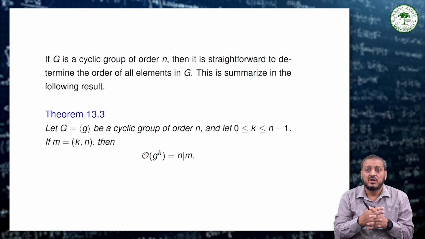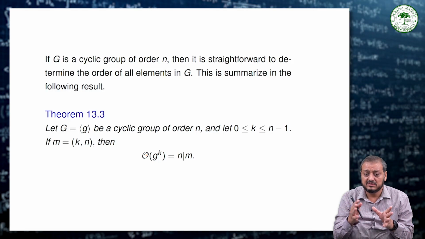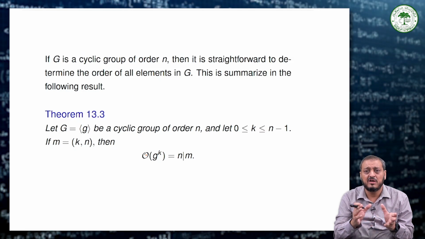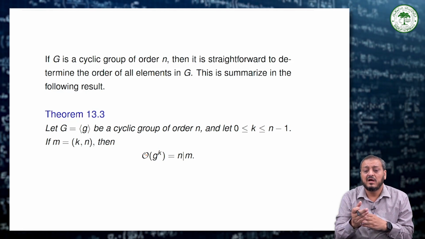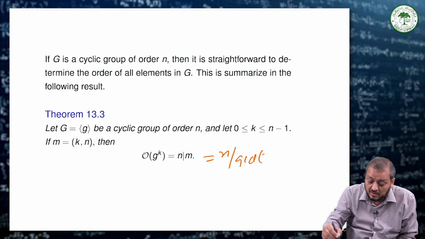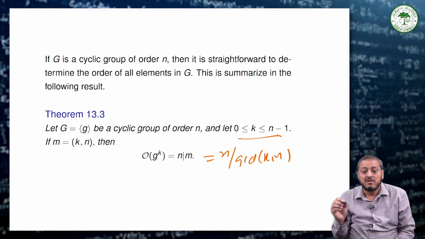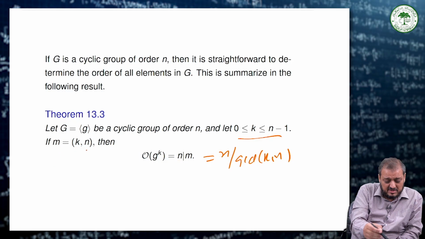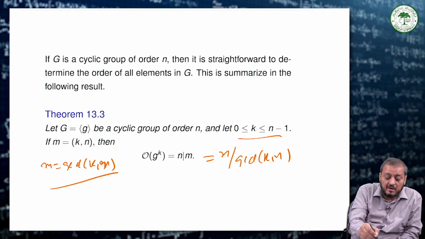Let G be equal to the generator of g, a cyclic group of order n, and let k be an integer, and let m be equal to the GCD of k and n. Then the order of g to the power k is n divided by m, or we can say n should divide m. So in place of this, we can simply say that m is equal to the GCD of k and n.